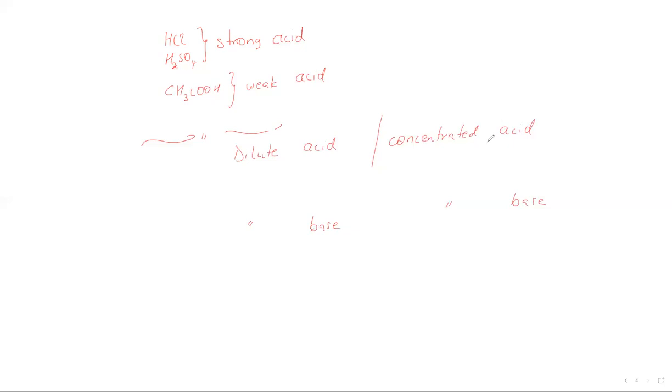By concentration, if we say it is a concentrated acid, it has more number of moles per given volume. And if it's diluted, it has fewer moles per given volume.